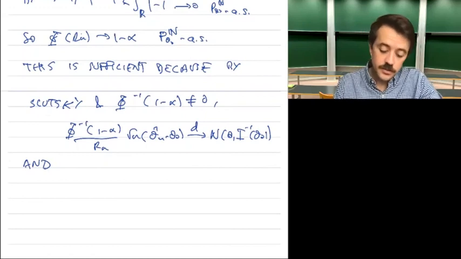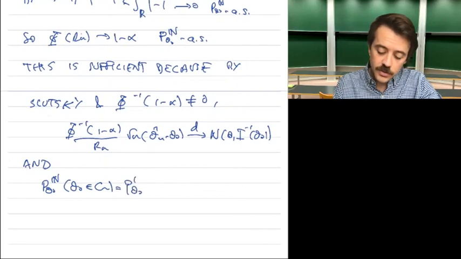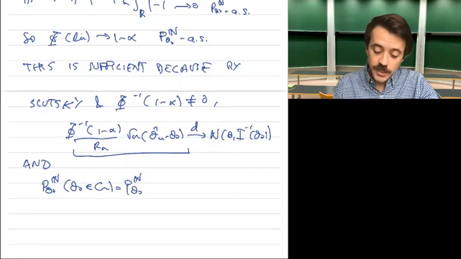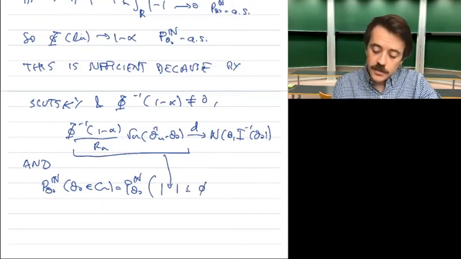what we get is that the guy we were interested in, which is this guy here, can be simply written as the probability under theta naught of this guy precisely. So this is why I was writing it, and this is the absolute value of this guy, of course, less or equal than this, 1 minus alpha.